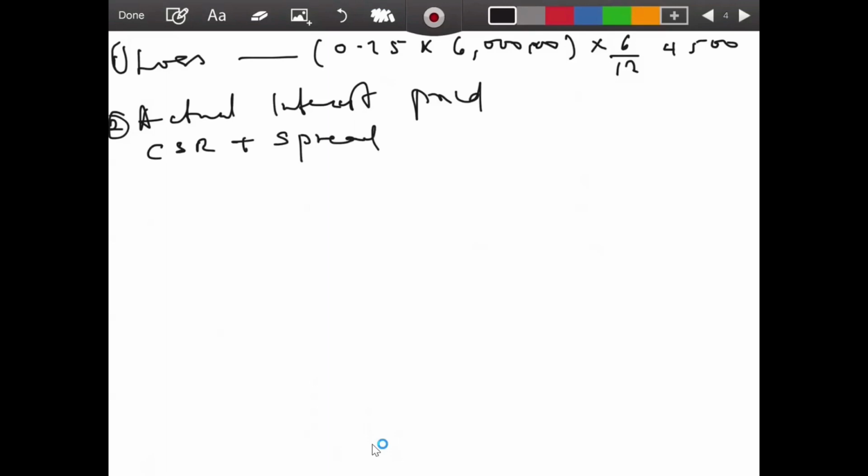The closing spot rate was 5.3, and the company can borrow at 1% above NIBOR. So that would be 5.3 closing spot rate plus 1%. That gives 6.3%.